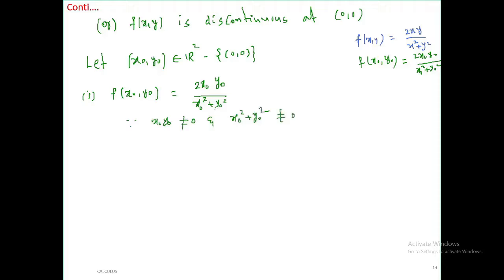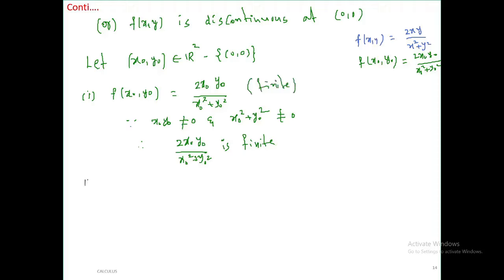If the denominator were 0, then something divided by 0 is infinity, right? So there is no chance of it being infinity. Therefore the conclusion: 2 x naught y naught divided by x naught square plus y naught square is finite, that means it is well defined.